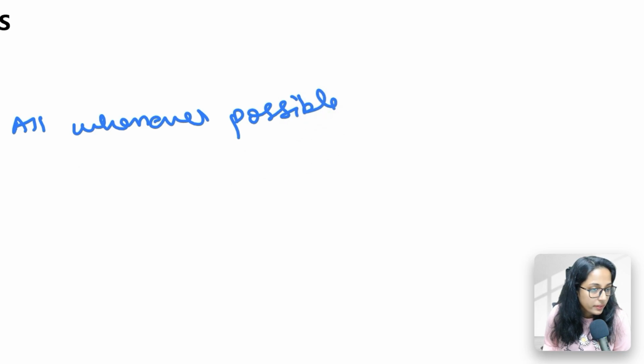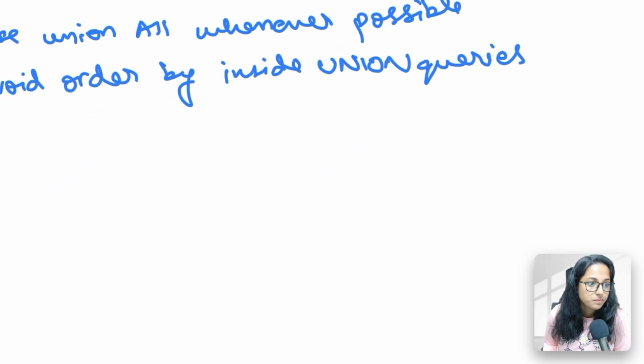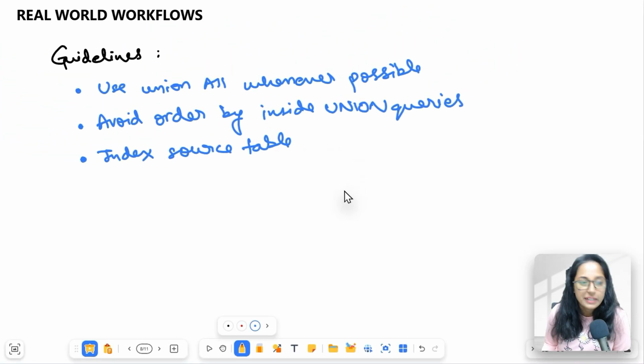The second one is avoid order by inside union queries. And the third one is try to use index on source tables. It will help us to get better clean data.